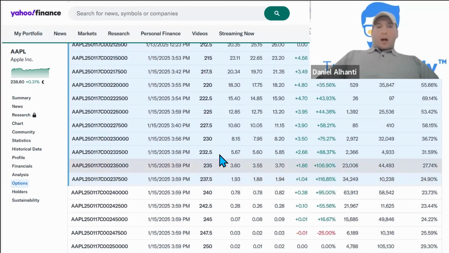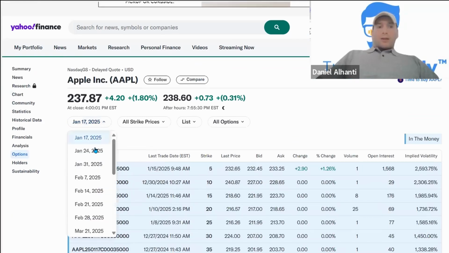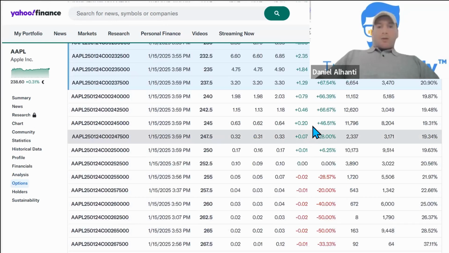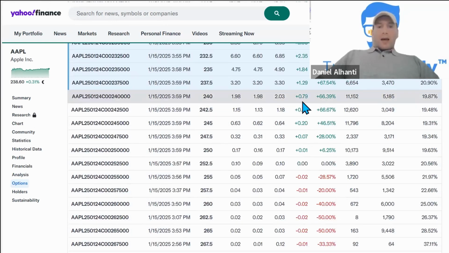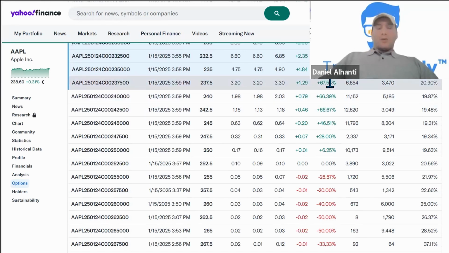So let's say I go to January 17, I go to January 24. Now this is interesting, right? We can see that price didn't go up as much because as you go further out into time, it's more conservative. So these expire not this Friday, but next Friday.